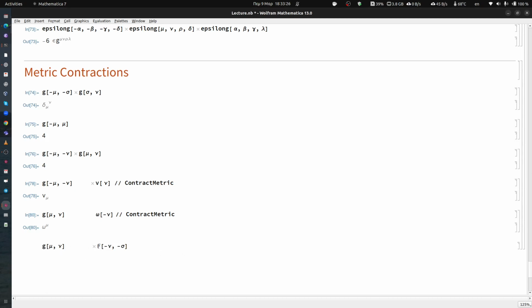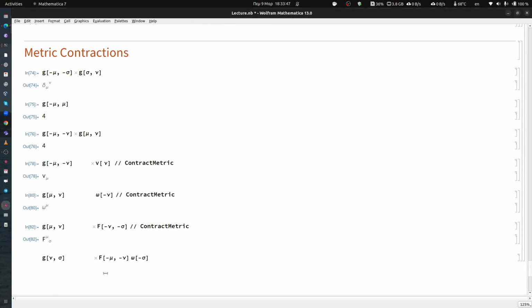We can raise one index of the antisymmetric tensor F. Again, we have to apply contract metric. This is a different contraction.